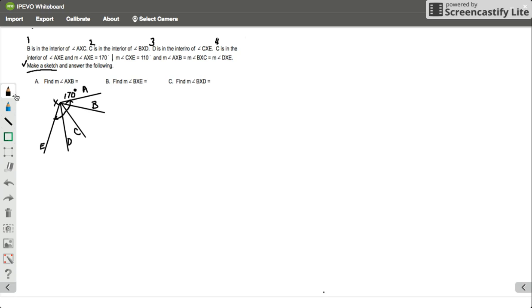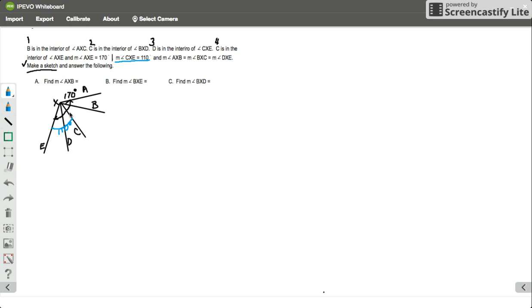The next piece that they give us a measure for is the measure of angle CXE. So our CXE is a portion that goes from ray XC to the ray XE. So this is 110 degrees.